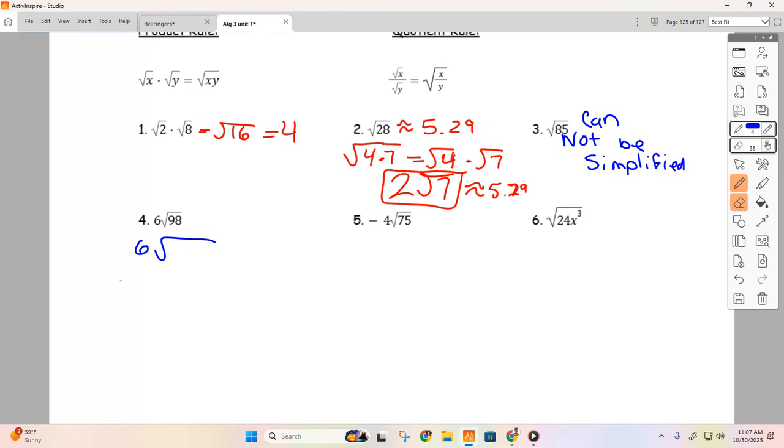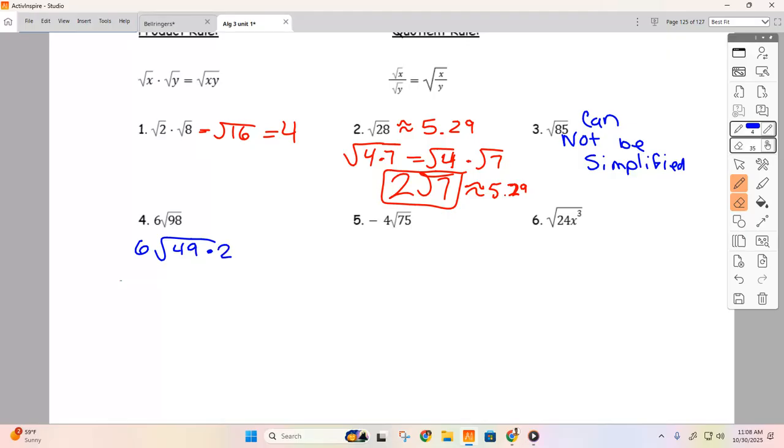It gives me a decimal. 98 divided by 9 gives me a long decimal. 98 divided by 16, long decimal. 98 divided by 25, decimal. 98 divided by 36, decimal. 49. Yeah. 98 divided by 49 is 2. So this becomes 49 times 2.